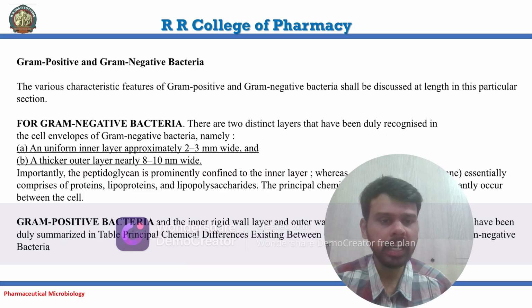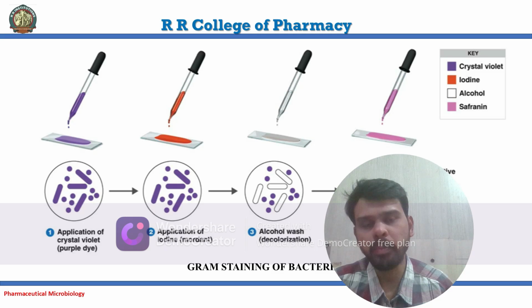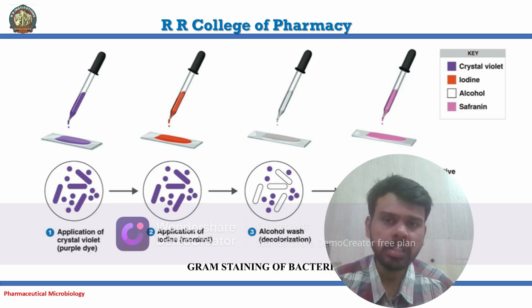So before starting the staining technique, let us understand the purpose of Gram staining. Basically, in the 19th century, the scientist Christian Gram designed this Gram staining in order to differentiate between Gram positive and Gram negative bacteria, because in the pharmaceutical industries there are a lot of antibiotics and they need to be differentiated, because each kind of bacteria has a different drug resistance.